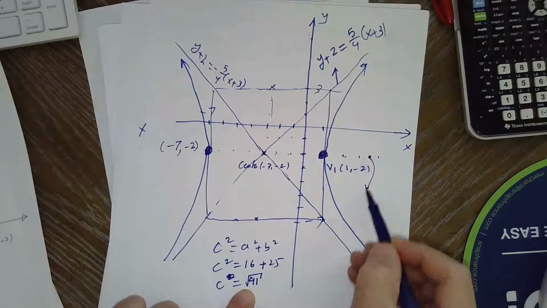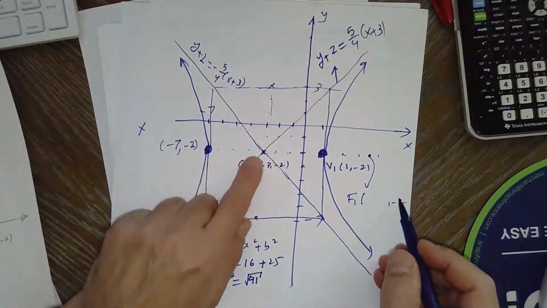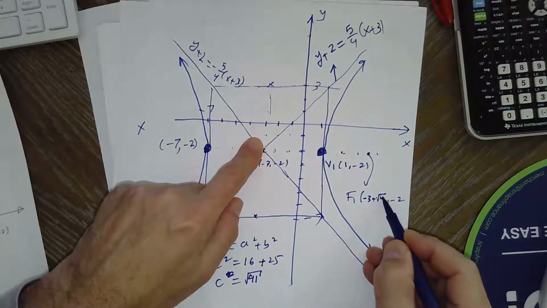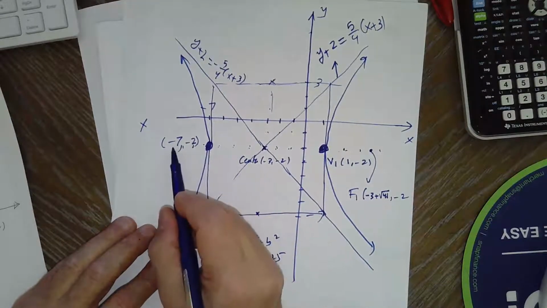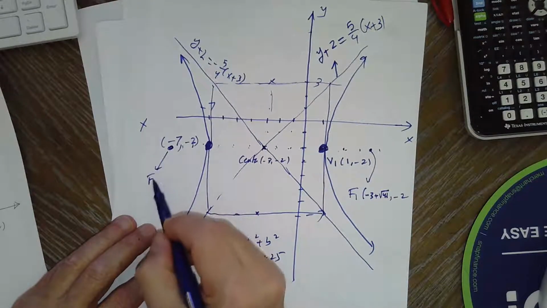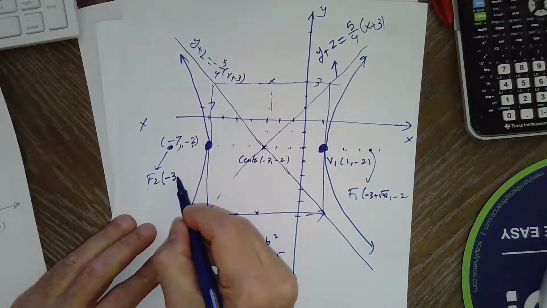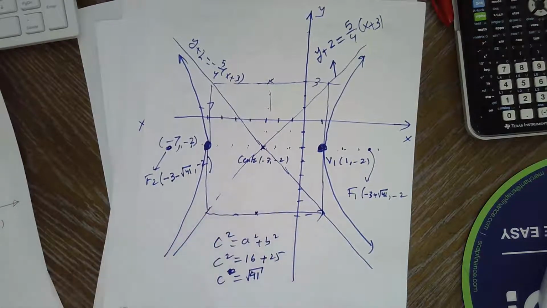So it's around here. F1: the y value is -2, but the x value, you start at -3 and you move to the right root 41. Same thing on the left: 1, 2, 3, 4, 5, 6. So the focus is right here. The y value is -2, but the x value, you start at -3 and you minus root 41 because you go to the left.